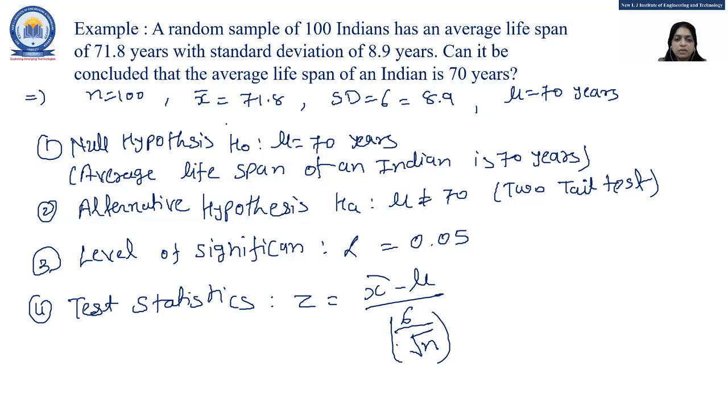X bar is 71.8, mu is 70, sigma is 8.9, and n is 100. By substituting all these values in this formula and after simplification, we get the answer, and that is 2.02. As it is positive, modulus of Z is also 2.02.